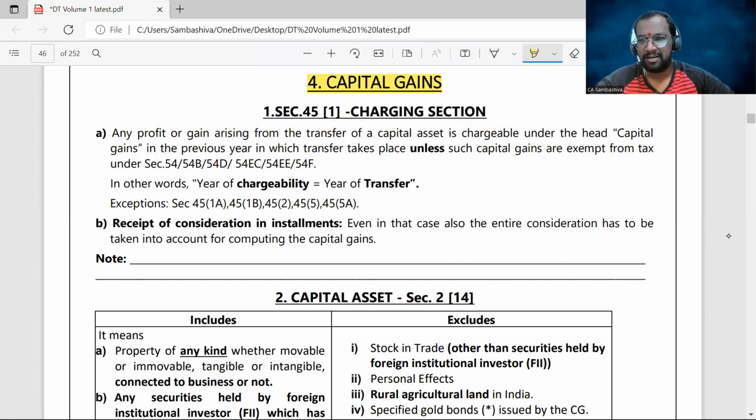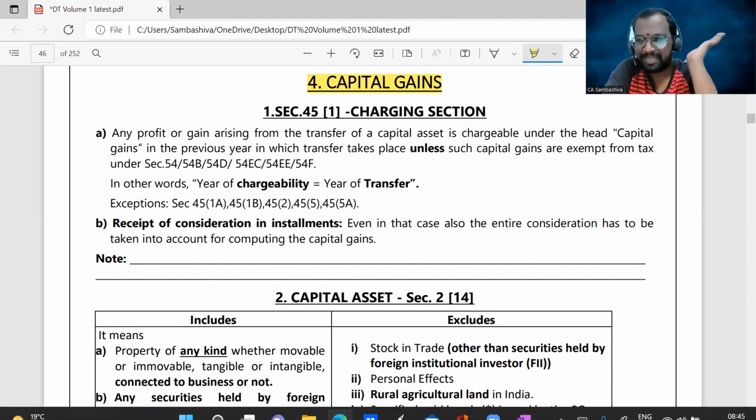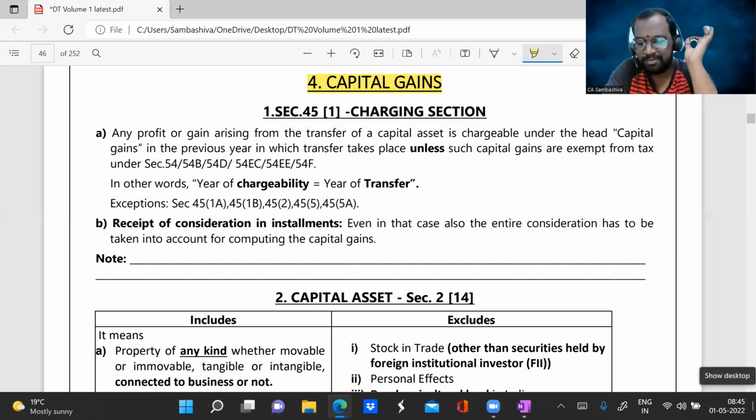Right? And in that list of chapters, the first priority we have given to the total income problems. Because when you open the income tax paper, the very first question you observe is the problems on total income. It's a compulsory question.